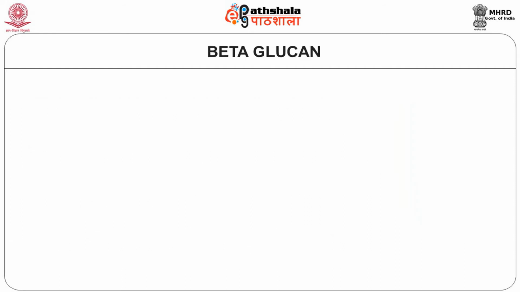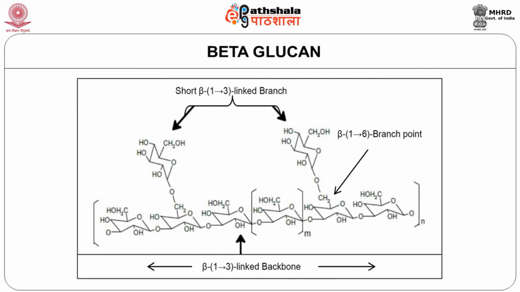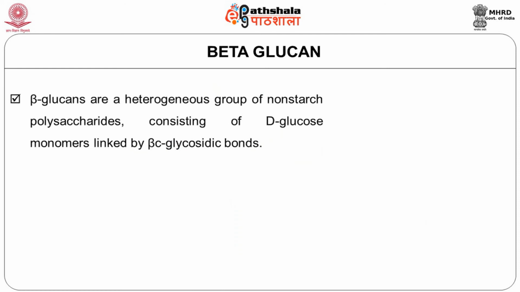So, the next important component which we are going to deal with is beta-glucan. Beta-glucan is also a complex molecule, a heterogeneous group of non-starch polysaccharides consisting of D-glucose monomers linked by beta-glycosidic bonds.